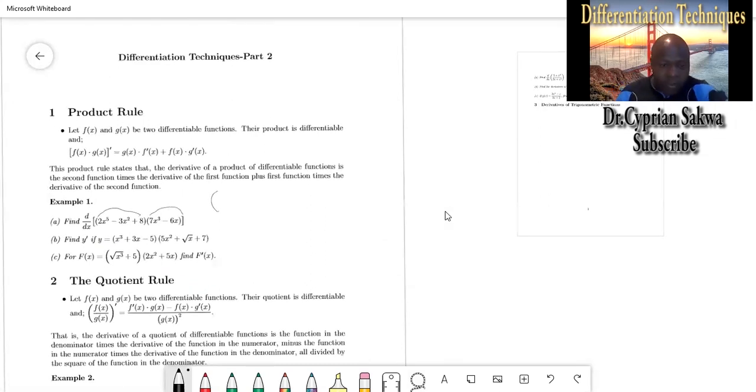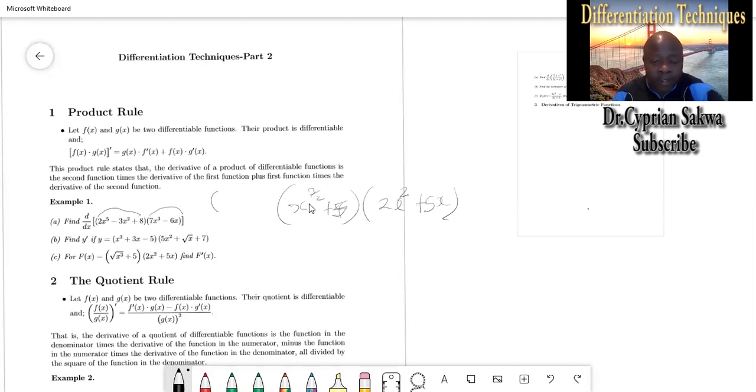Okay, question 3 is very easy, so let's do it. So again, we just differentiate the first function, and doing that, the first one is the same as x raised to 3 over 2 plus 5. This is what we have, plus 5 multiplied by 2x squared plus 5x. This is what we have.